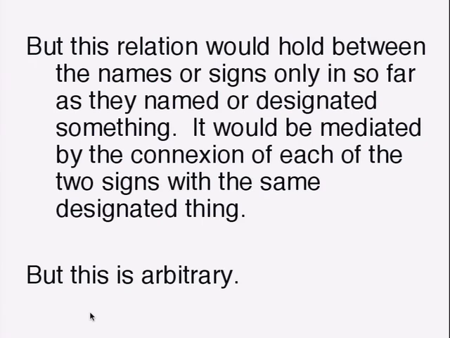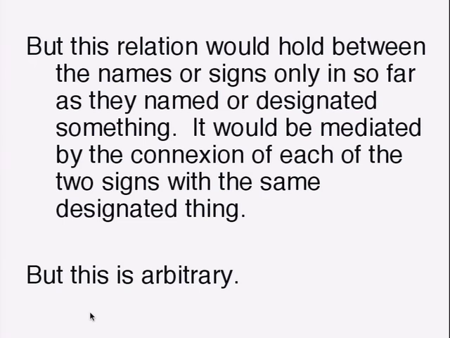And this is his objection to the theory. He has two objections to the theory. One objection is, when you say the sign A refers to this object and the sign B refers to that object, that relation holds only insofar as you've got signs here standing for things, but what sign stands for what thing is arbitrary.